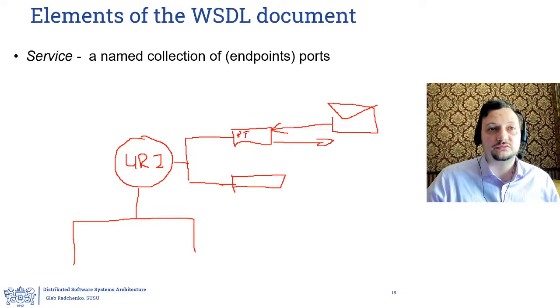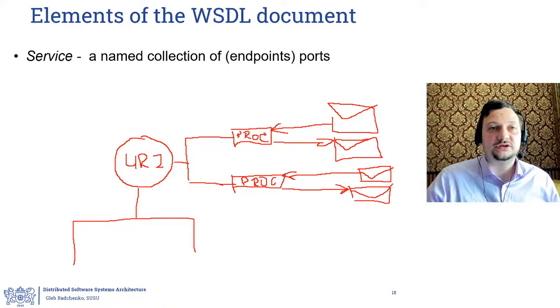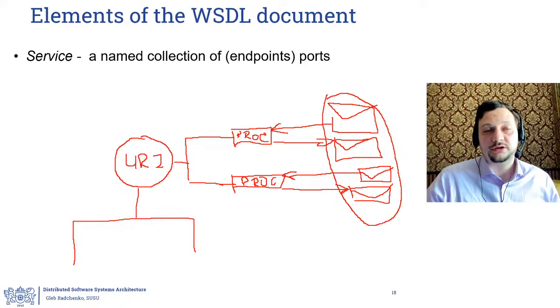This is the procedure, and this is the output message that would be created when the remote procedure is invoked. So these are the parts that are defined by our WSDL document.